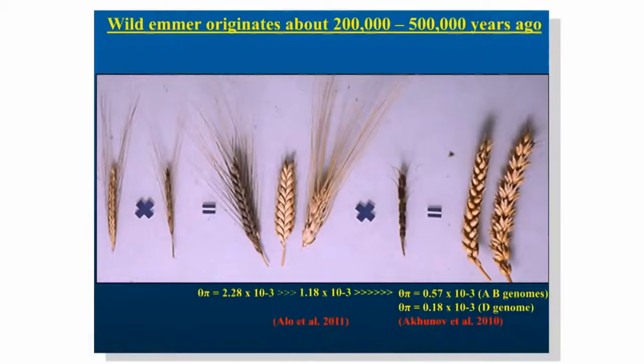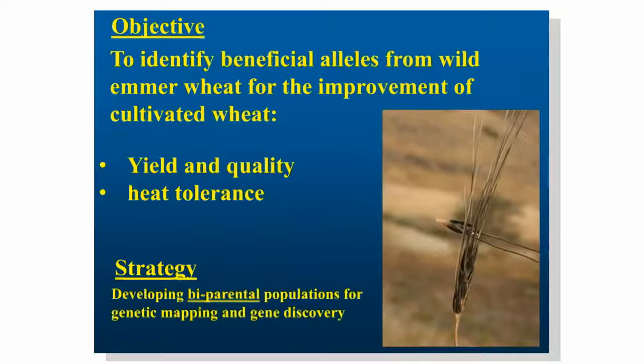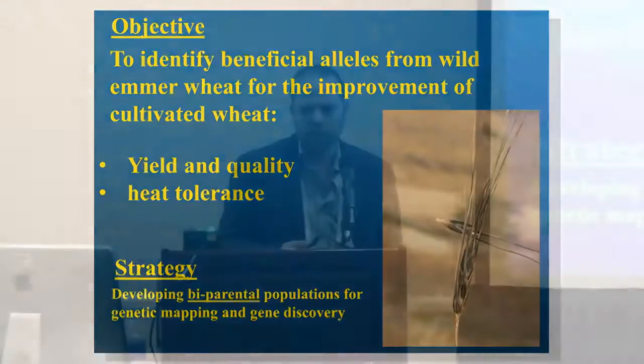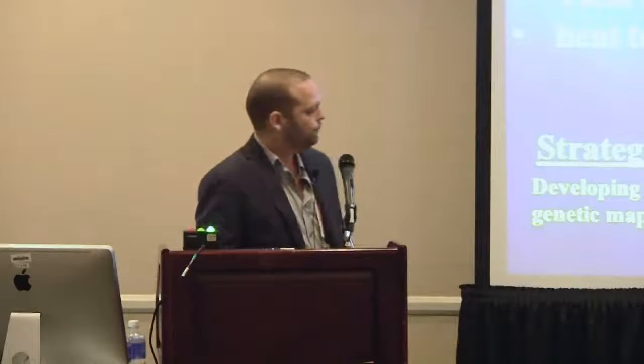I would like you to notice that if you look at the genetic diversity, it's going down because of those bottlenecks of domestication and polyploidization. So my research is focusing on wild wheat as a way to identify beneficial alleles from wild wheat and to improve cultivated wheat. And the idea is to use this genetic variation that exists in wild wheat.